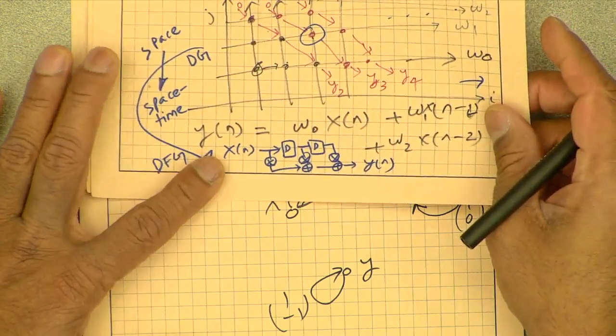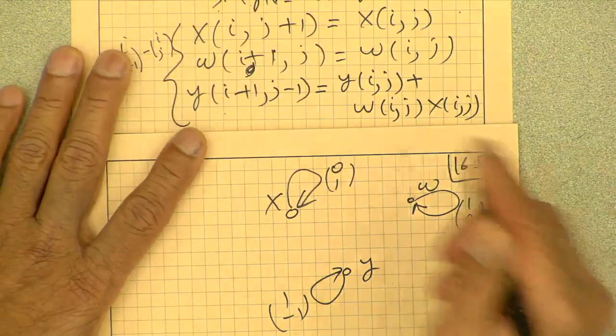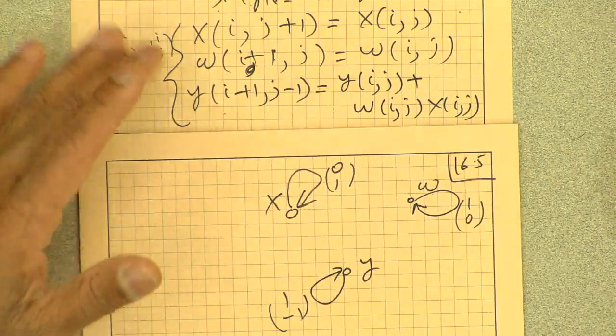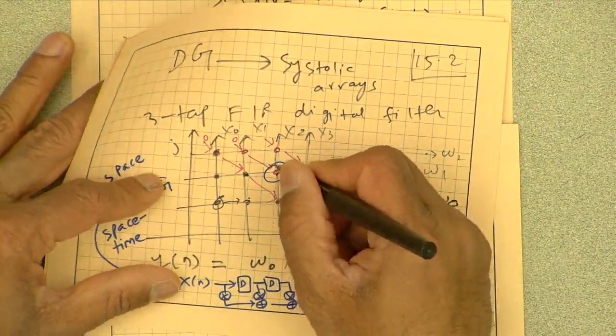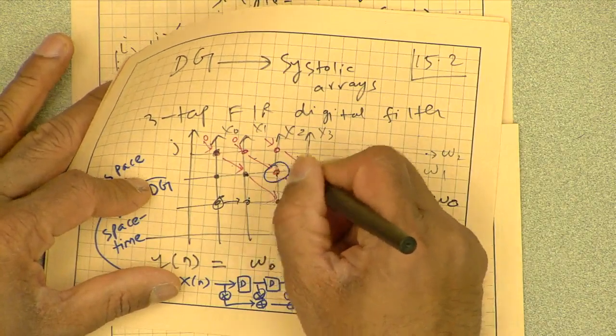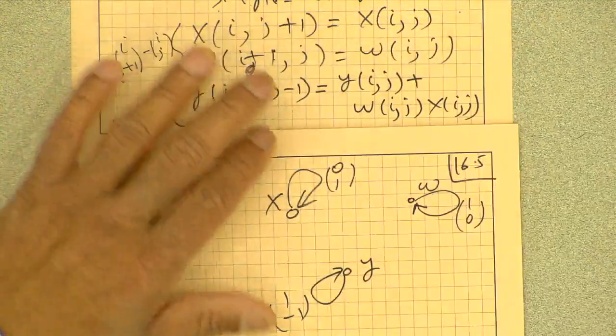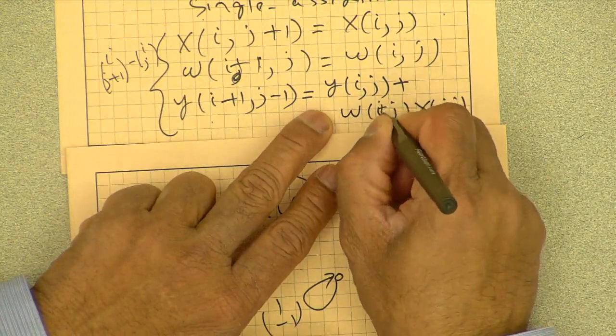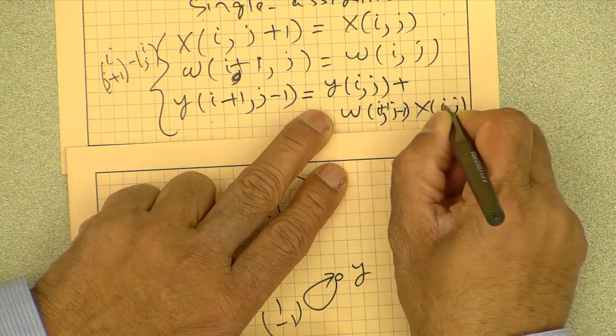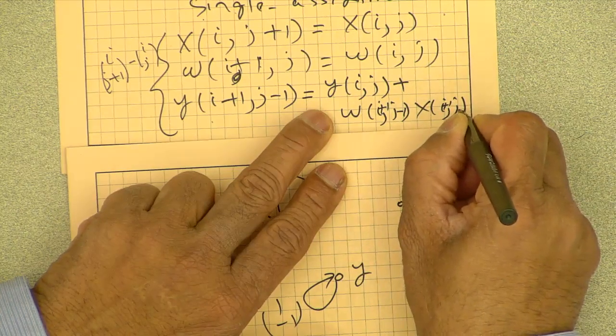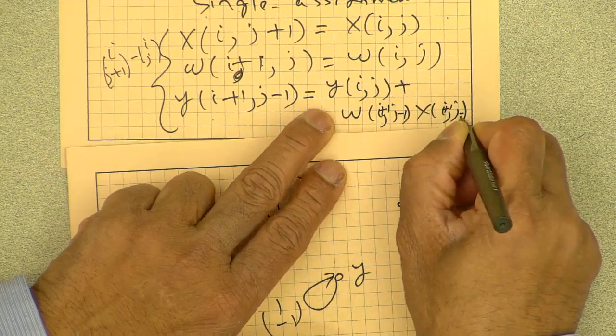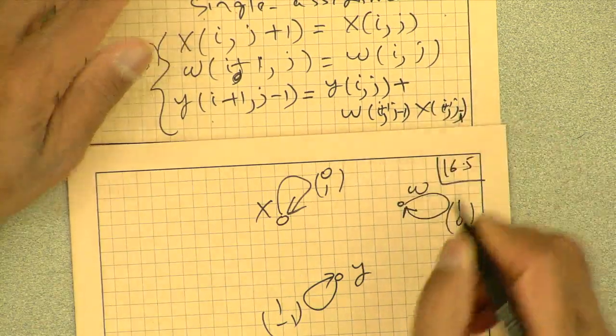So, y i plus 1 j minus 1, at some point, is the previous output plus the product at that node, not i j, but i plus 1 j minus 1, the same location.